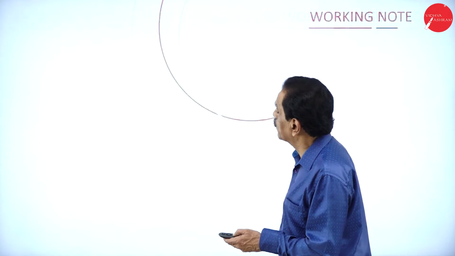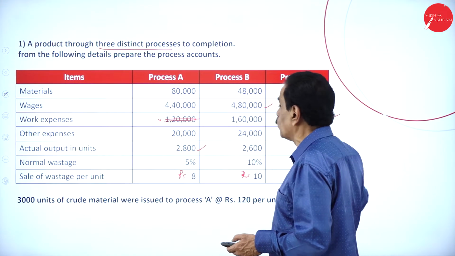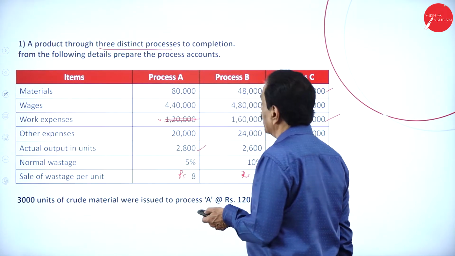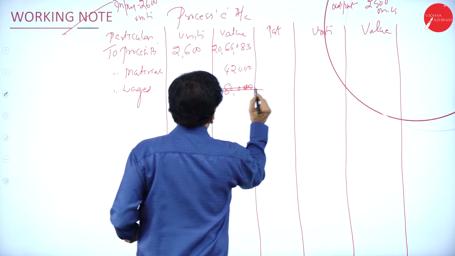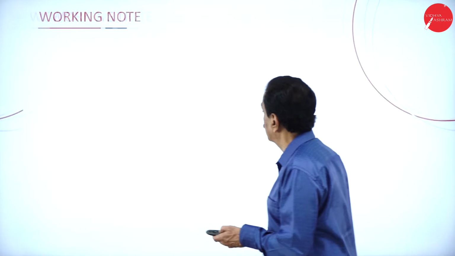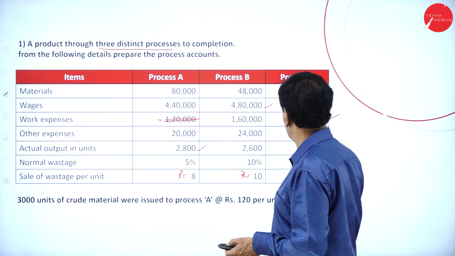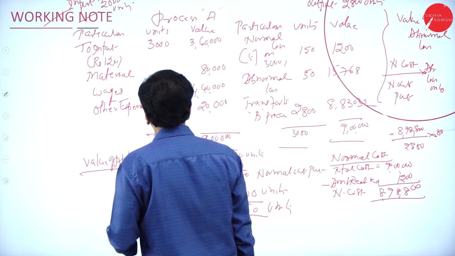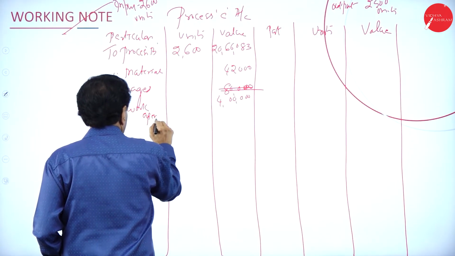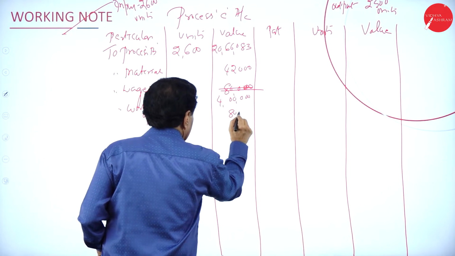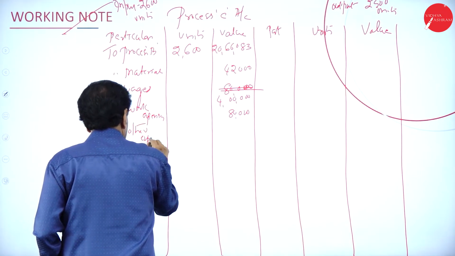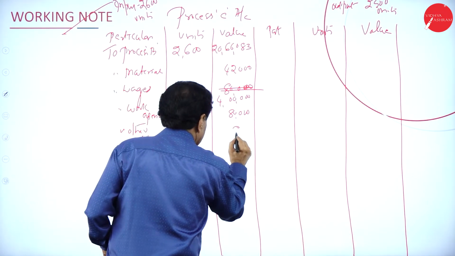What is next one? Wages 4 lakh. Here wages is 4 lakh. Then wages over. Then work expenses 80,000. Other expenses 8,000.